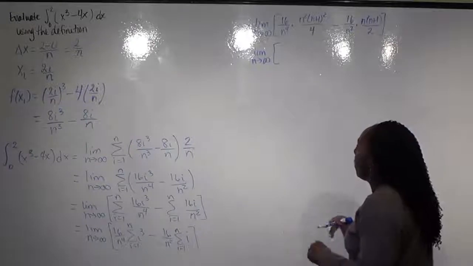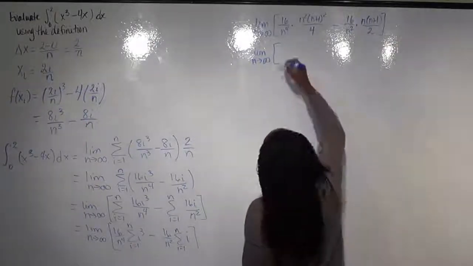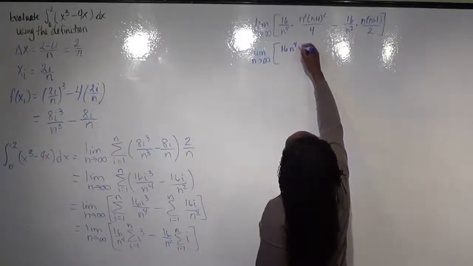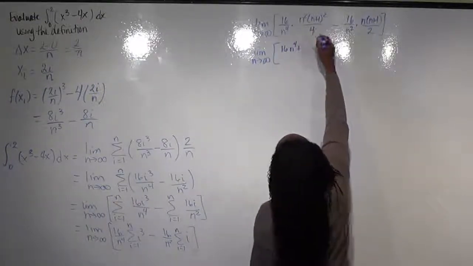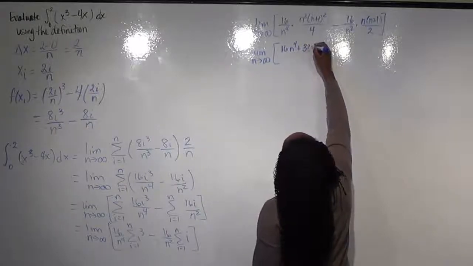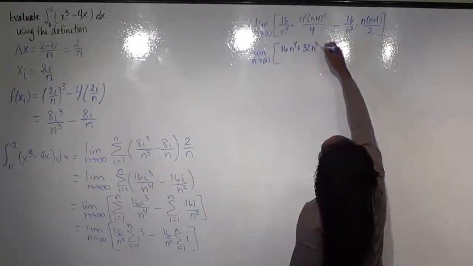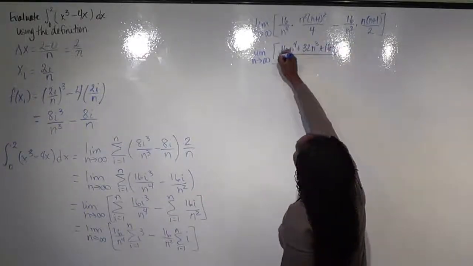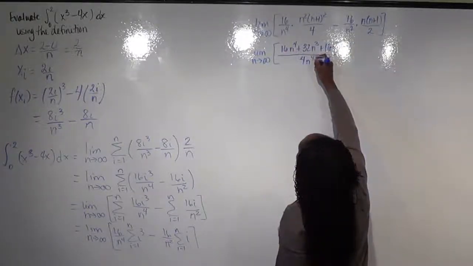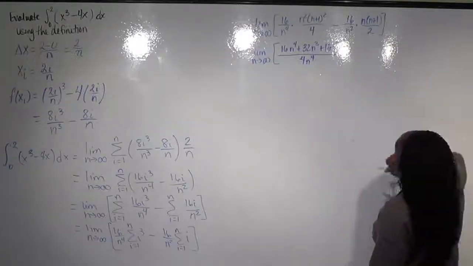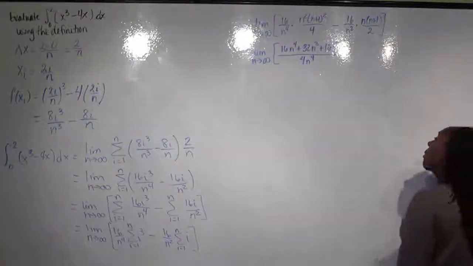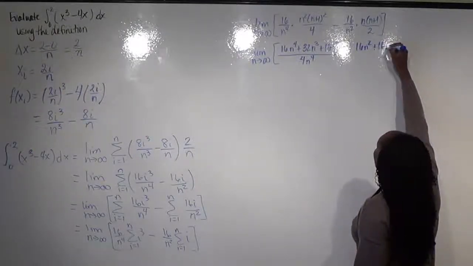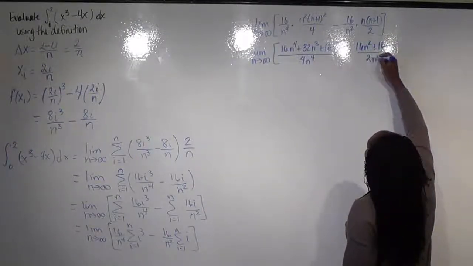When I go ahead and multiply that out, I'll get 16n to the 4th plus 32n cubed plus 16n squared, all over 4n to the 4th. Same thing over here. When I multiply out, we'll get 16n squared plus 16n, all over 2n squared.